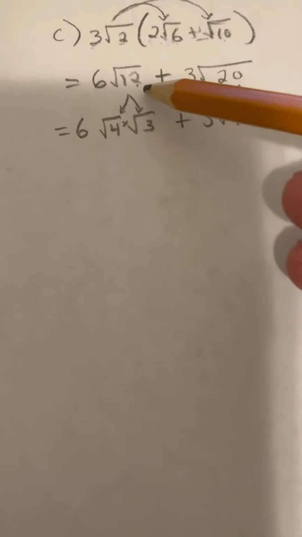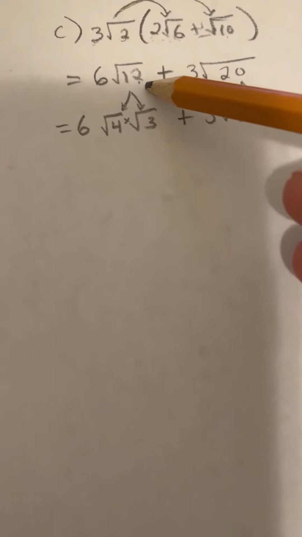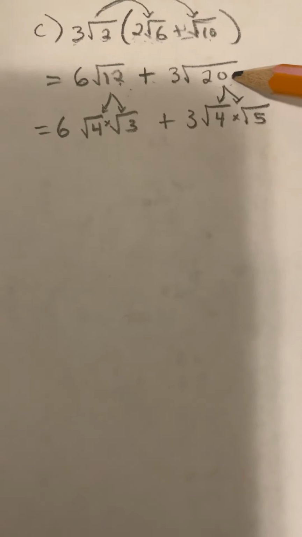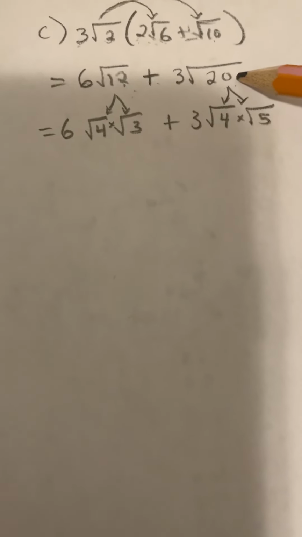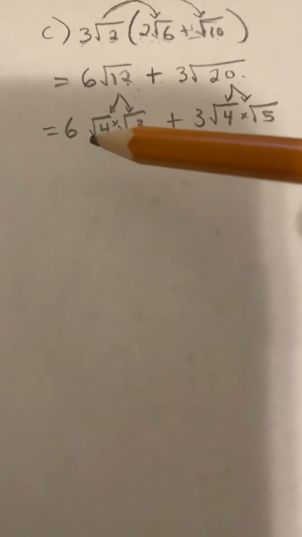Because 4 times 5 is 20. Okay, and I picked these numbers. We could have done 6 and 2 for 12, but you can't square root 6 and 2 nicely. Likewise, we could have done 10 and 2 in this one, but the square root of 10 is a decimal, and the square root of 2 is a decimal as well. So I picked 4 because we could square root 4 for both of these.